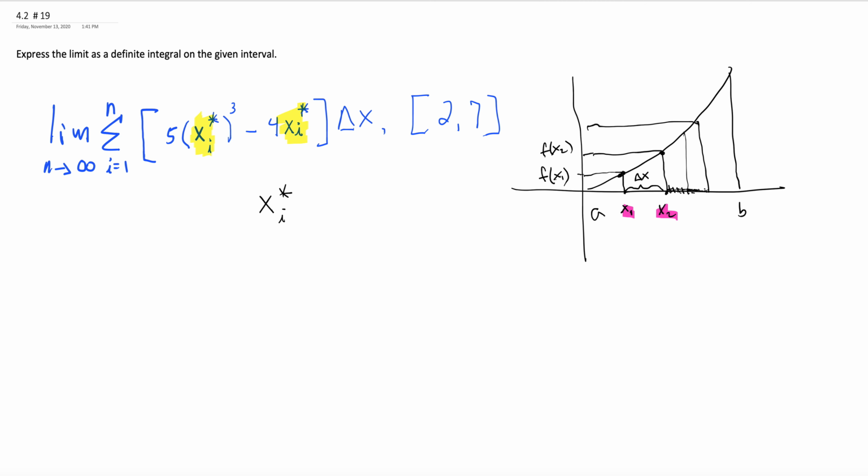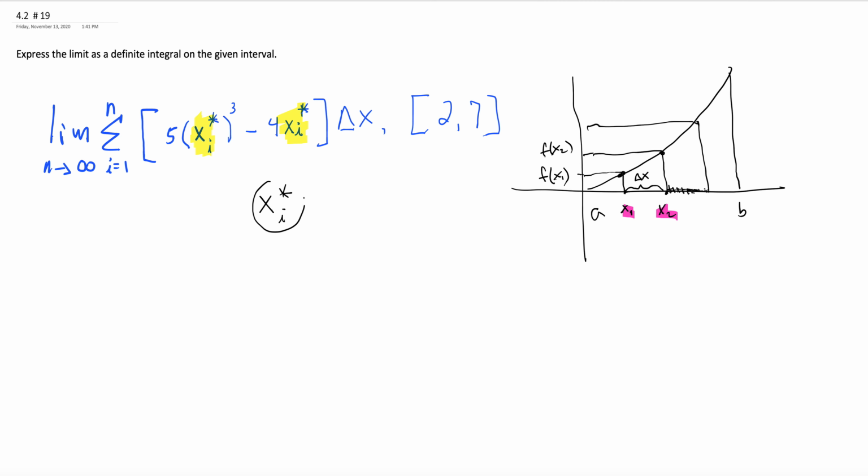So it doesn't matter if you're talking about right-hand endpoints or left-hand endpoints or midpoints. If you're going infinitely small, it's always just going to touch the graph.